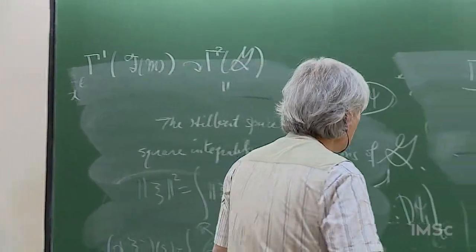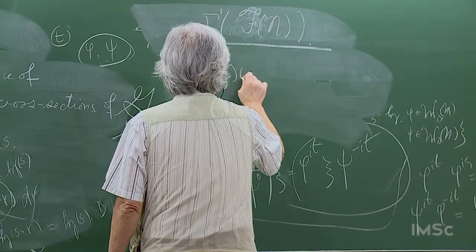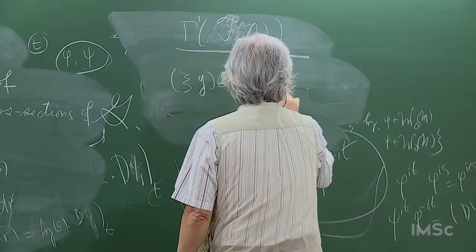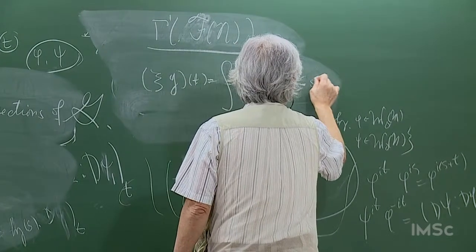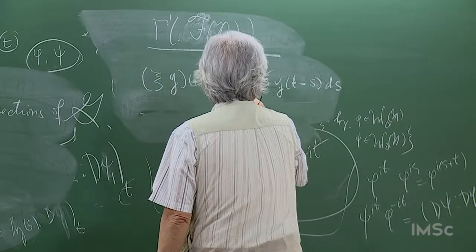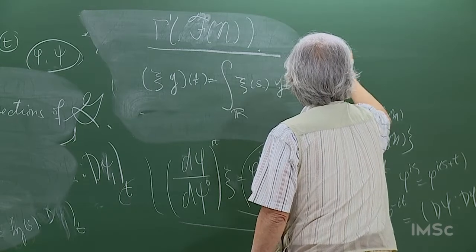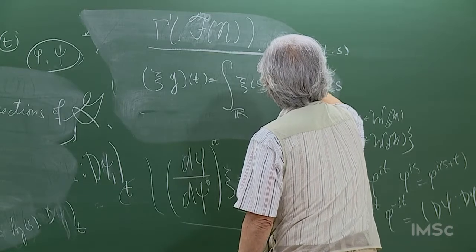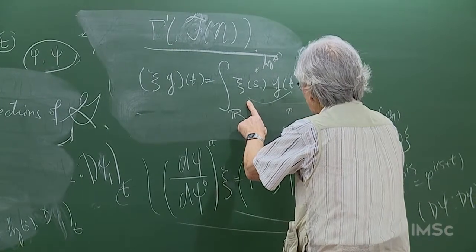So xi acting on y of t will be the integral over the real line of xi of s, y of t minus s, ds. Once again, y of t minus s sits in N of t minus s, this sits in H of s, and this combination product brings it back to H of t.